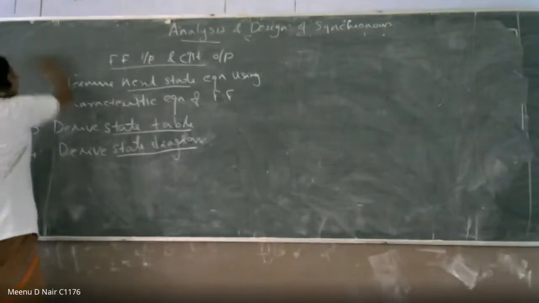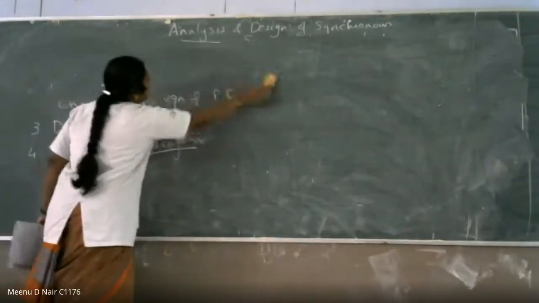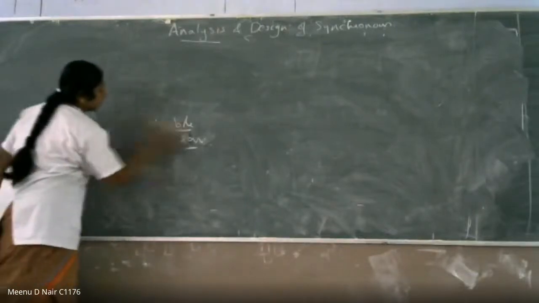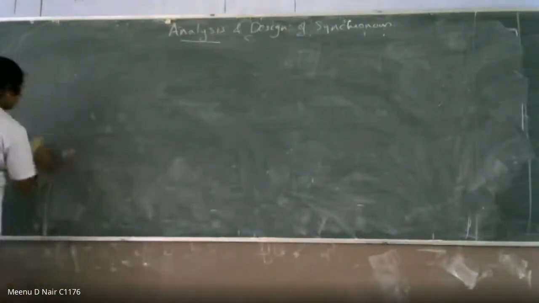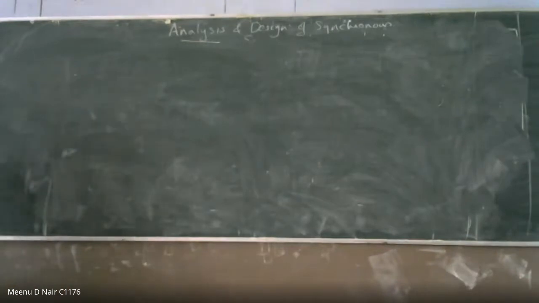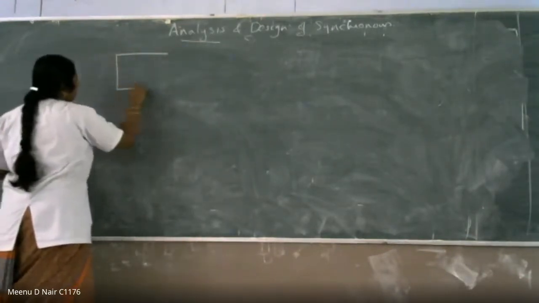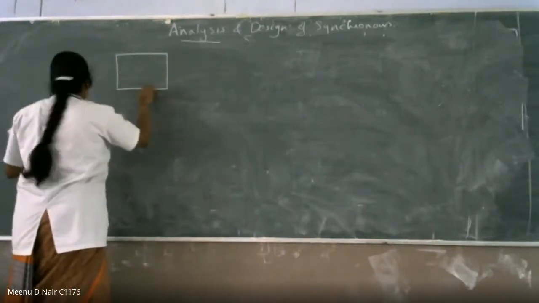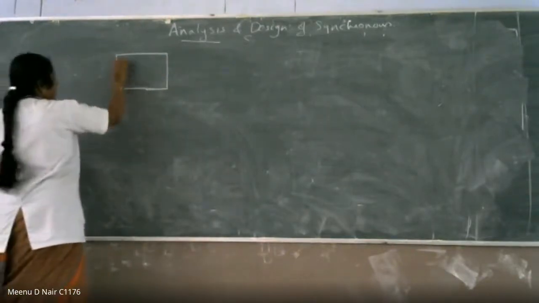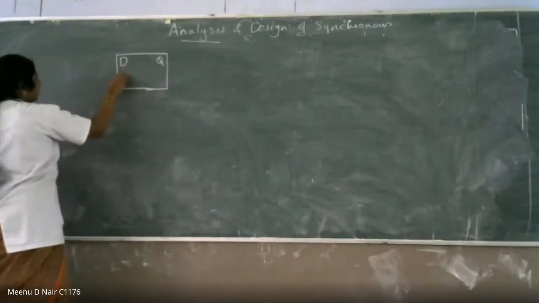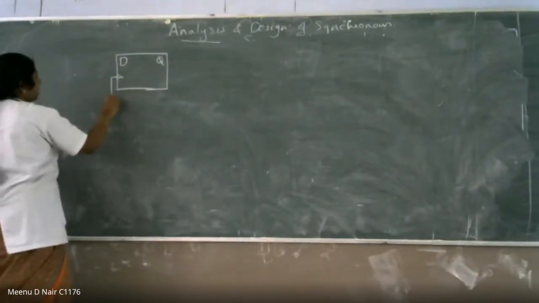So, we'll do one example. Please listen here now. This is your question. Analyze the circuit which is given here. This is the clock pulse.